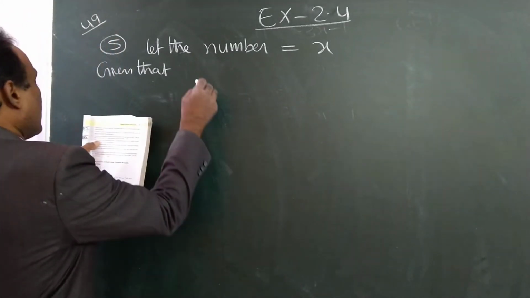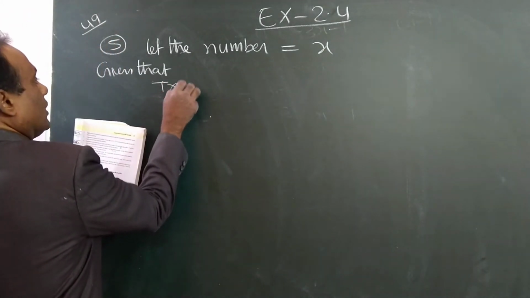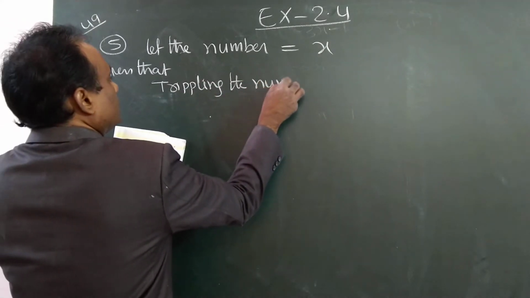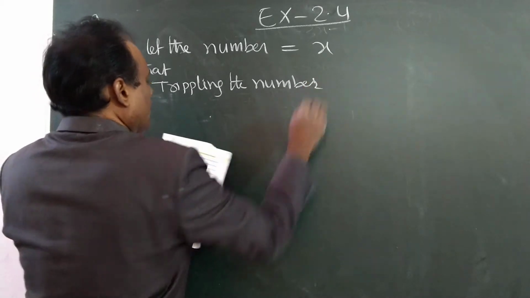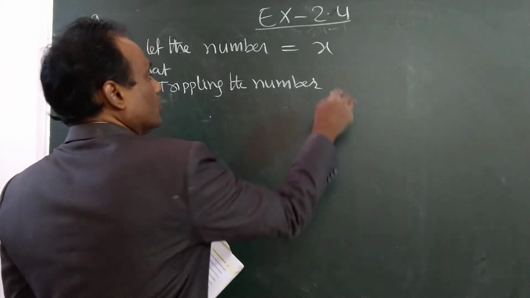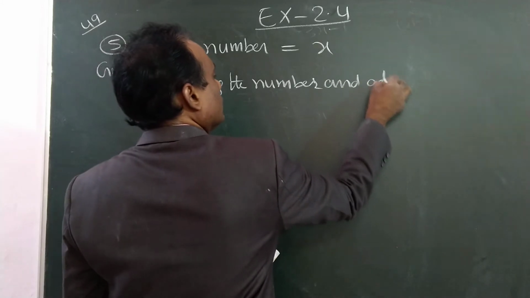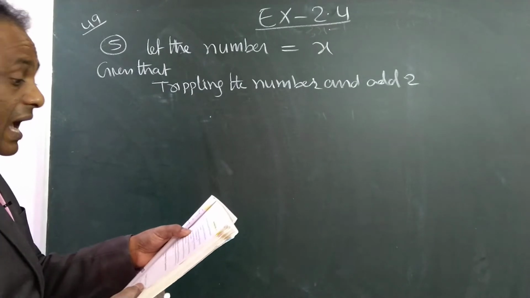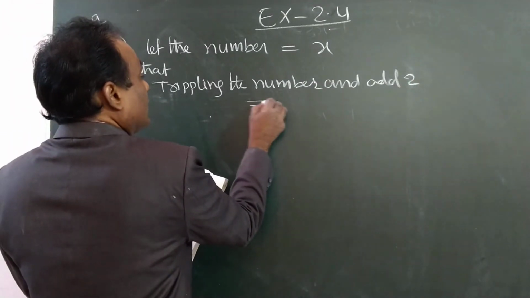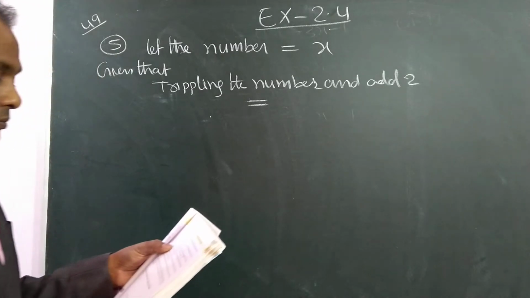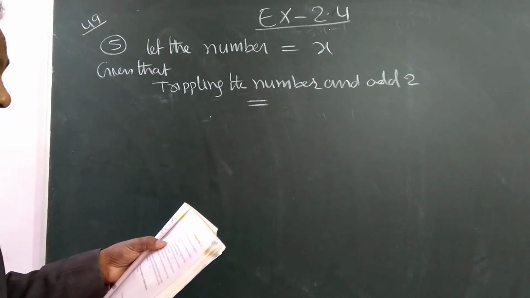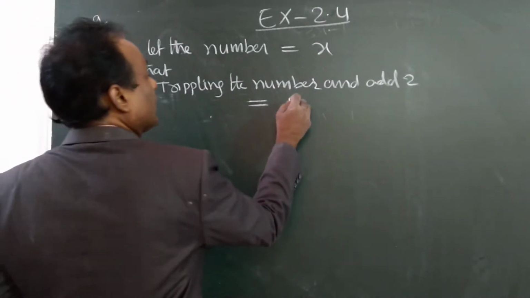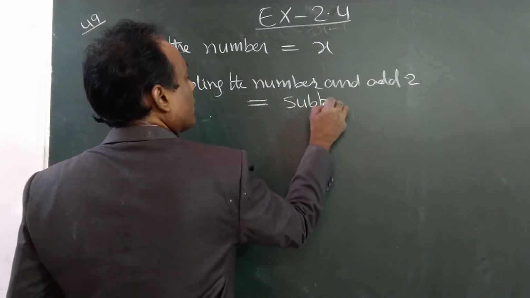When I triple a number and add 2, I get the same answer, this is equal to, when I subtract the number from 50.